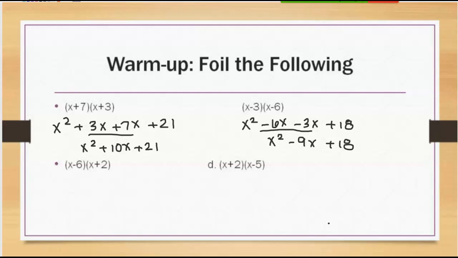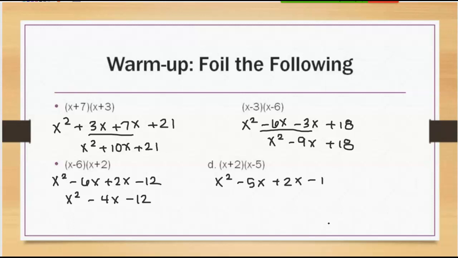In part C, you have x squared minus 6x plus 2x minus 12, giving x squared minus 4x minus 12. And then last, you get x squared minus 5x plus 2x minus 10, giving x squared minus 3x minus 10.